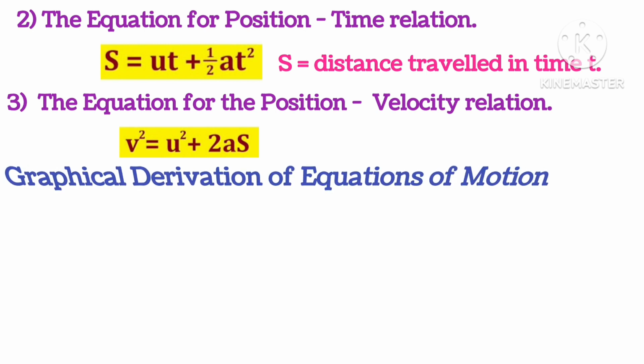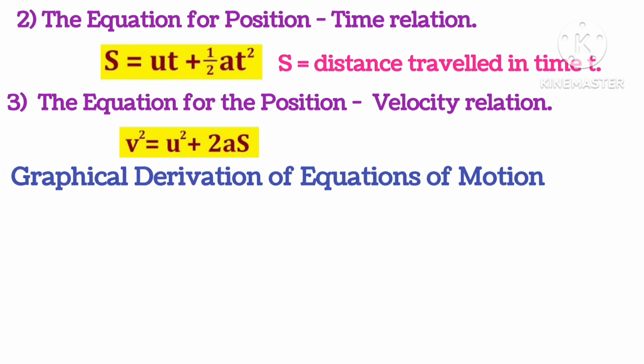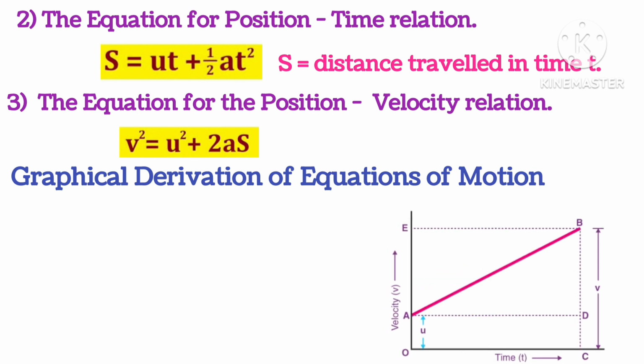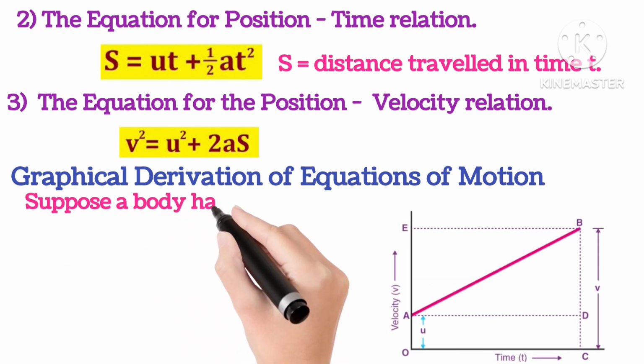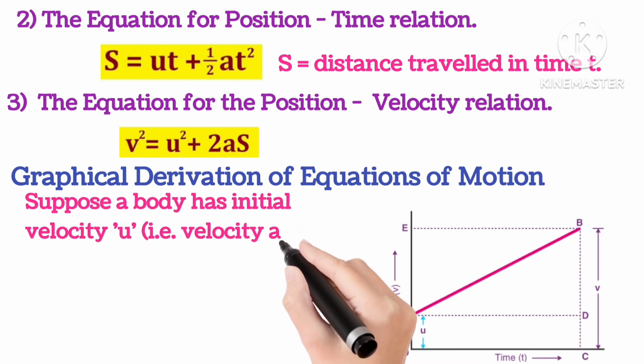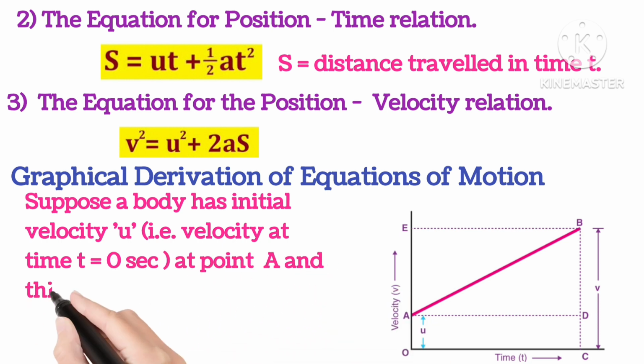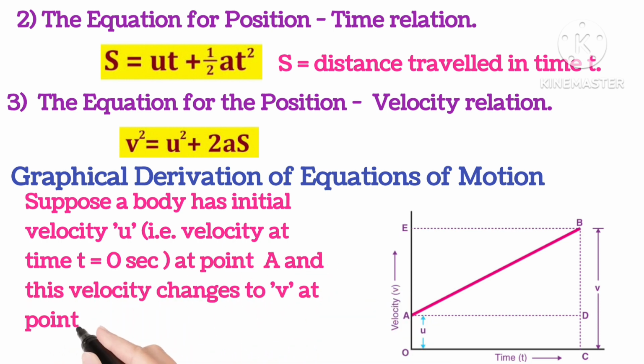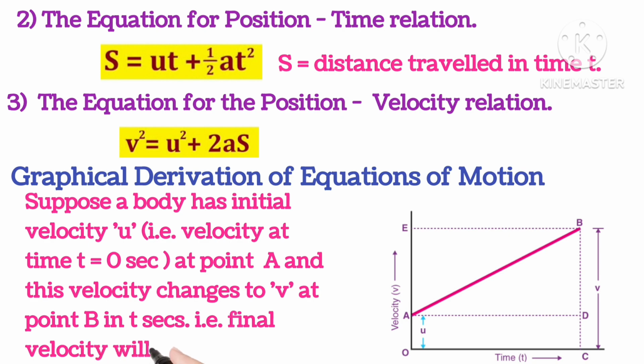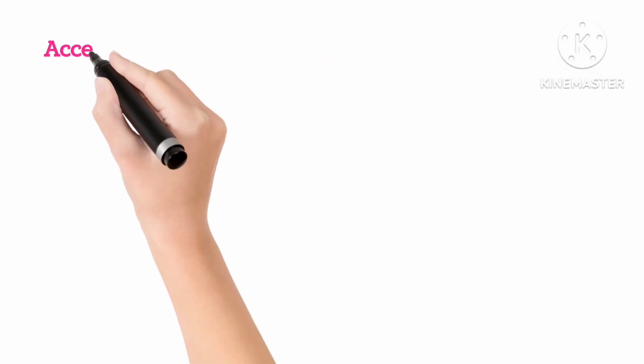Now graphical derivation of equations of motion. As you can see here, suppose a body has an initial velocity u, that is the velocity at time 0 seconds at point A, and this velocity changes to v at point B in t seconds, that is the final velocity will be v.